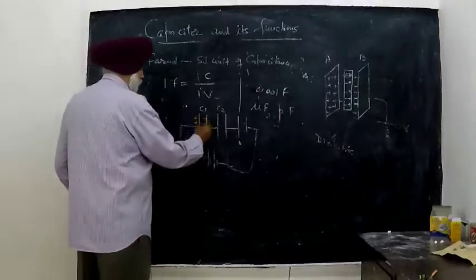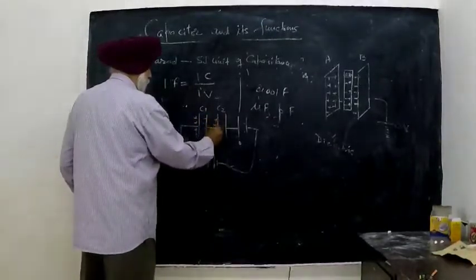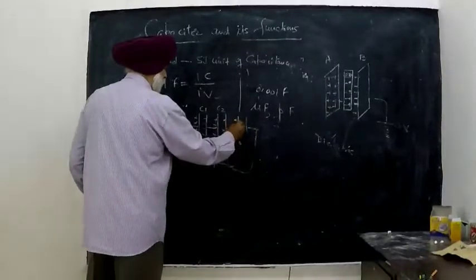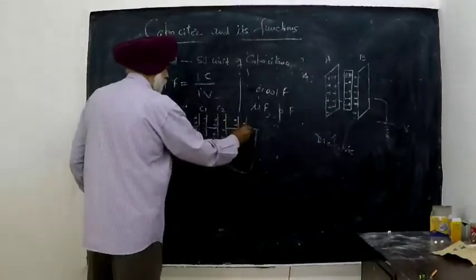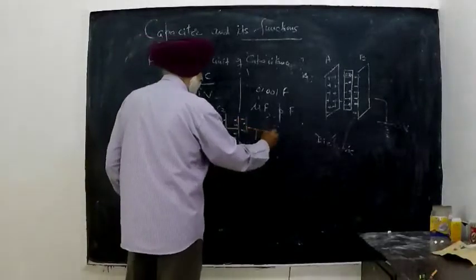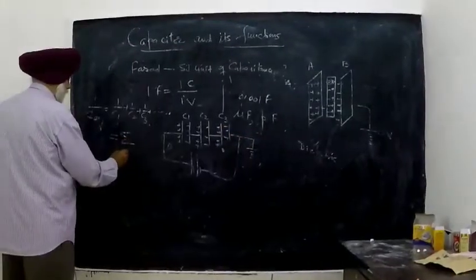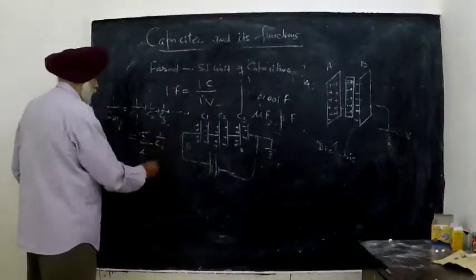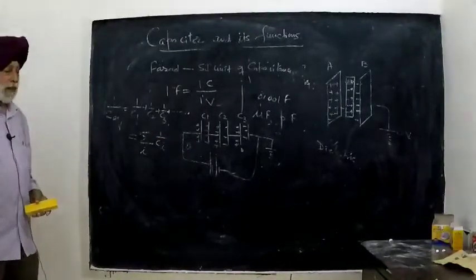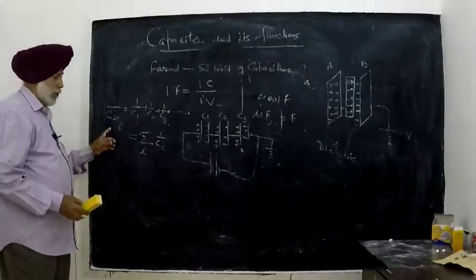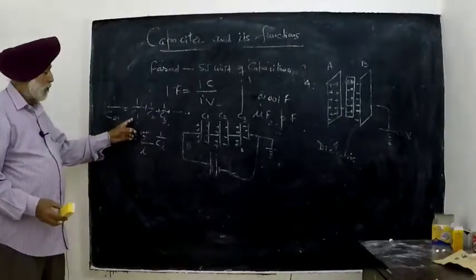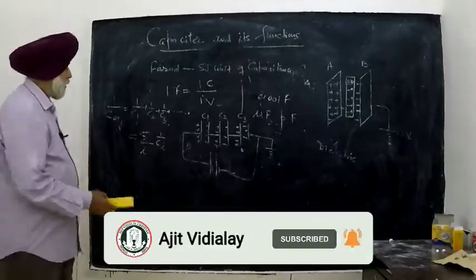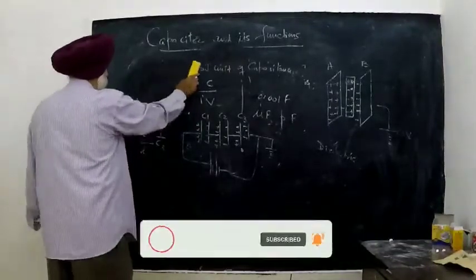Charges will be induced like this, positive charge, negative charge, and the last plate is connected to earth. The reciprocal of the equivalent capacitance is equal to the sum of the reciprocals of the capacitances of the individual capacitors, 1 upon C equivalent equals sum of 1 upon Ci.